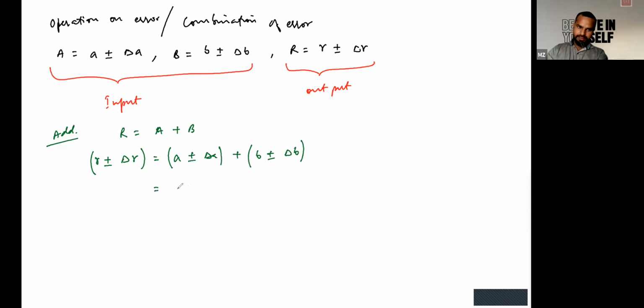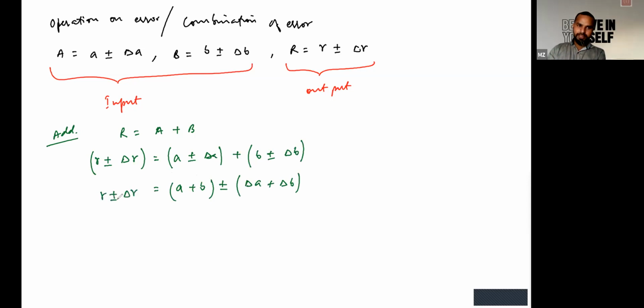So if we rearrange this term, it will be a plus b as true part. And if we take out common plus minus from these two parts, it will be delta a plus delta b. So this will be a final result.